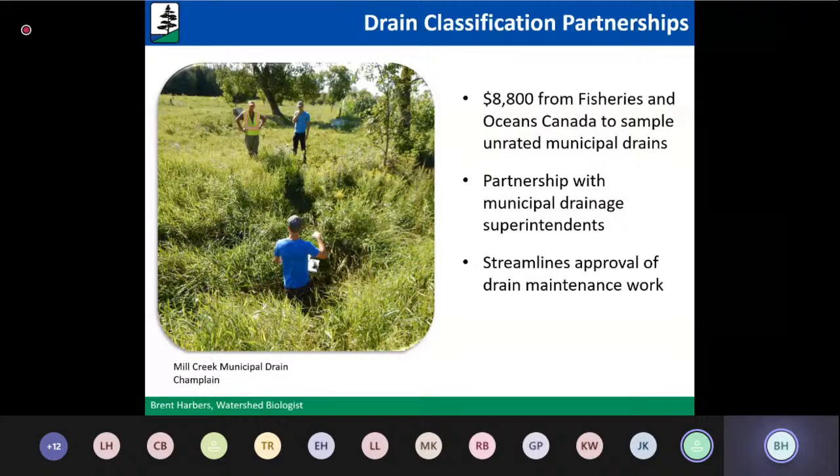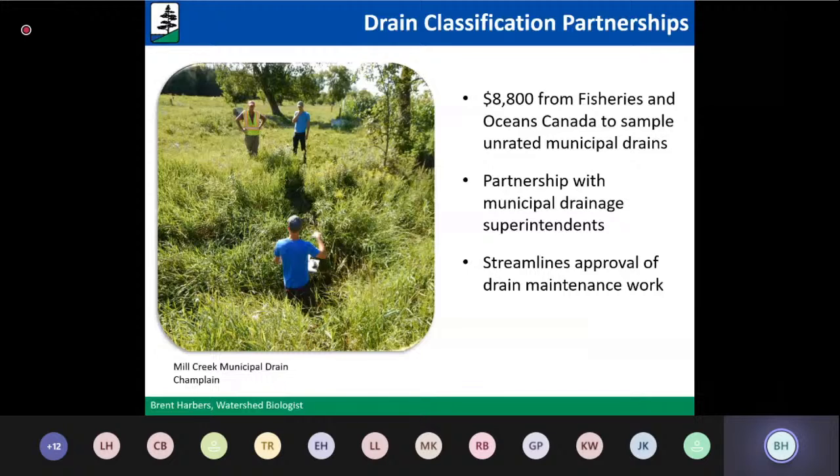We were lucky enough this summer to have some funding from Fisheries and Oceans Canada, or DFO, to sample some drains in our watershed that did not currently have a rating or classification. So we went out and ended up sampling in 9 different drains, along with the municipal drainage superintendents helping us out when speaking with landowners and explaining the process. Like I said, 9 drains were sampled, and now these can be applied to class, and their maintenance work in the future can be streamlined now that we know a little bit more about what's in those drains.